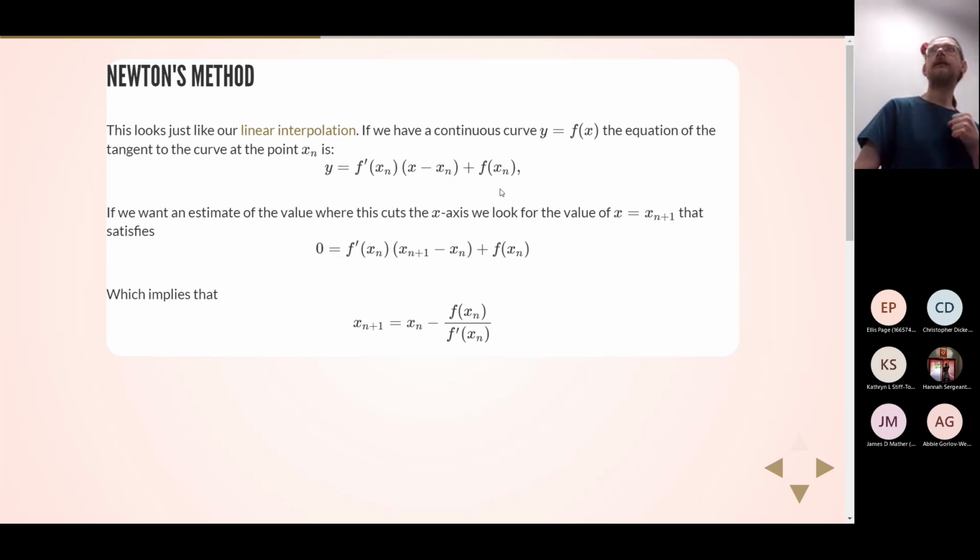As I said, you're assuming that only the first derivative term is important, and you've just chucked away everything to do with the second derivative, third derivative, and so on. So this equation is only an approximation, and you won't immediately end up at the root.